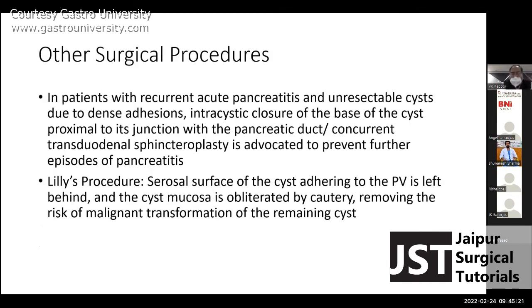Other surgical procedures: in patients with recurrent acute pancreatitis and unresectable cyst due to dense adhesions, intracystic closure of the base of the cyst proximal to its junction with the pancreatic duct, and concurrent transduodenal sphincteroplasty is advocated to prevent further episodes of pancreatitis.